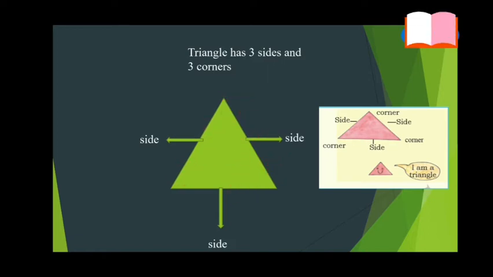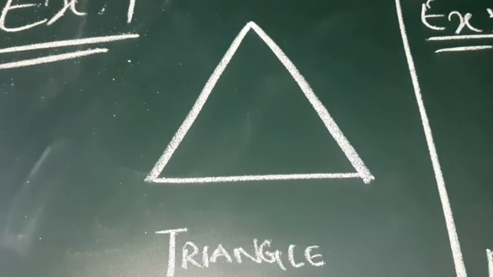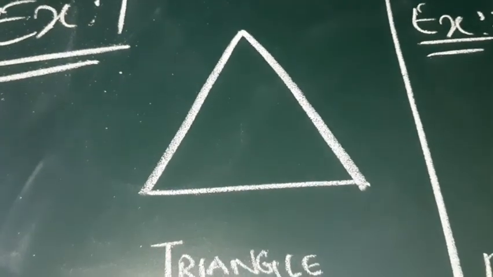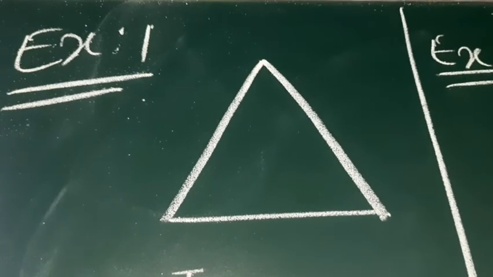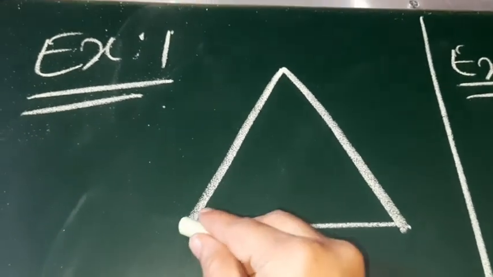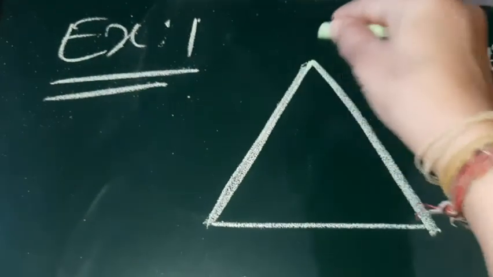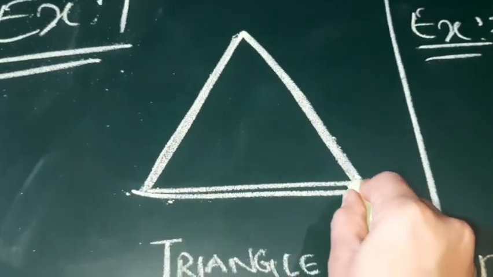Now let's get to know about this with an example. Example 1. Here a triangle is given. Let's get to know how many sides and how many corners there are in this triangle. This is one side, this is one side and this is one side.